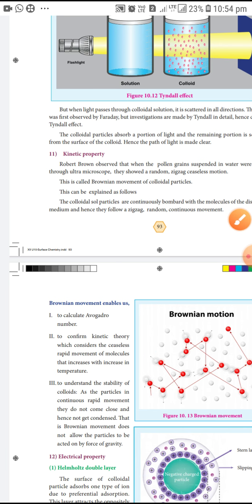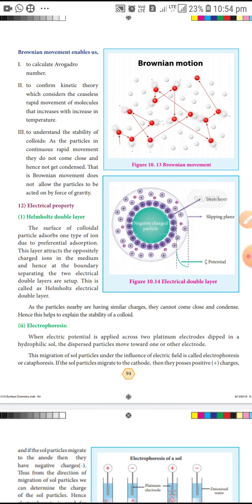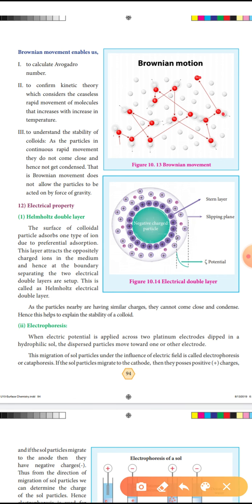Brownian movement enables us to calculate the Avogadro number, and to confirm the kinetic theory, which considers the ceaseless rapid movement of molecules.